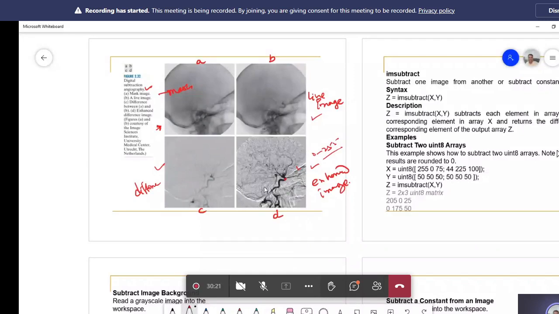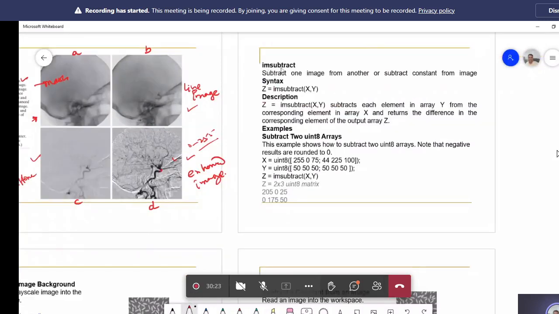Now in the MATLAB, this is the imsubtract function, and this is the syntax: z equals imsubtract x comma y. This is the description. You have to use this description in the practical file also.